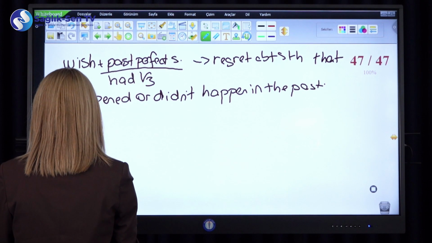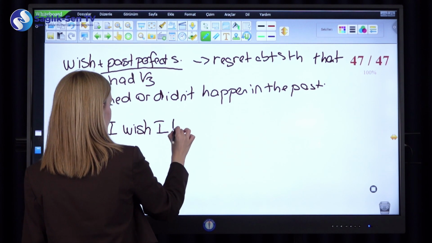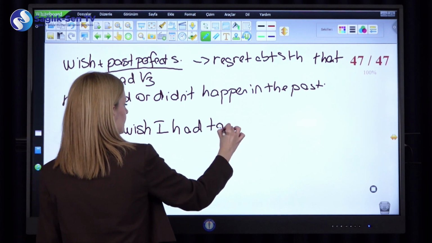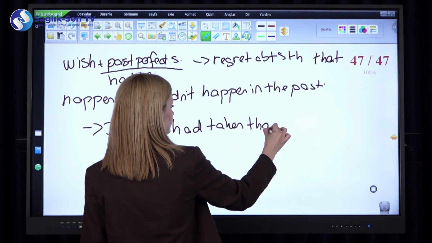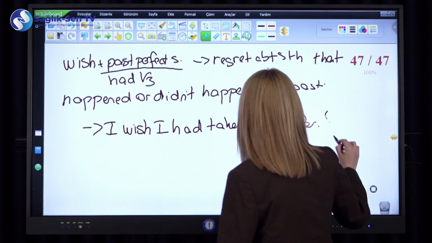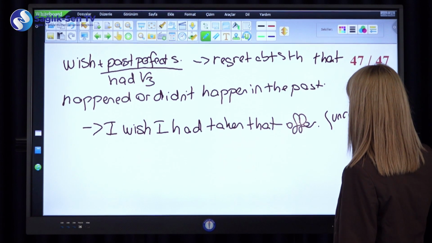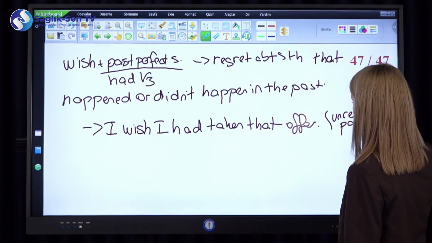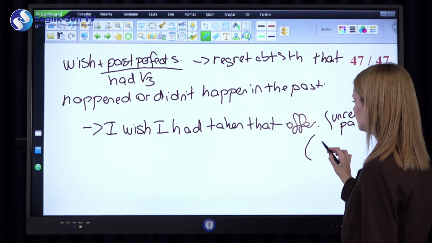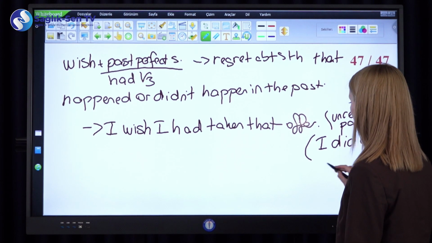For example, I wish I had taken that offer. It is an unreal past. It's a regret, and it means that I didn't take the offer.